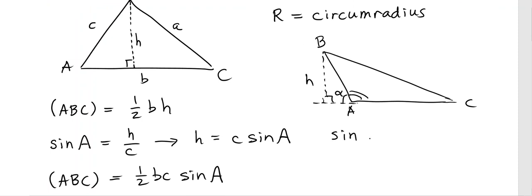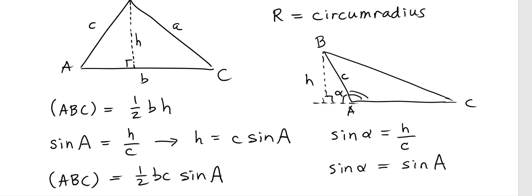Well, we know that the sine of alpha is h over c, where c again is this side opposite the capital C. But we also know that the sine of alpha is equal to the sine of its supplement. Two supplementary angles have the same sine.